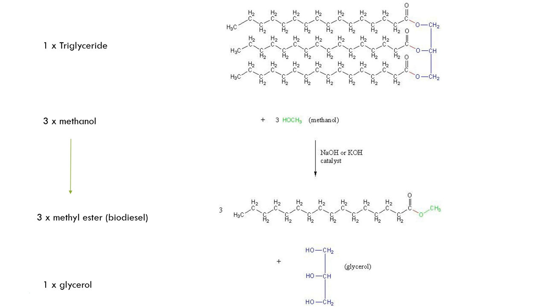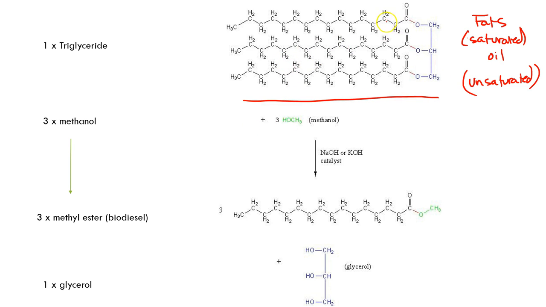Here we see the triglyceride, which is what we obtain from fats and oils. Remember, fats are more saturated and oils tend to be unsaturated. When we extract oils and fats, we get a triglyceride, which is the three strands attached to the glycerol backbone.